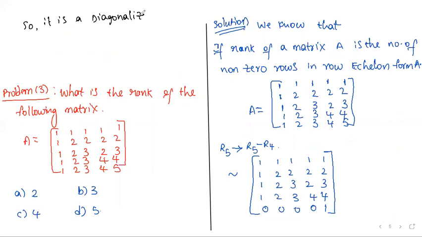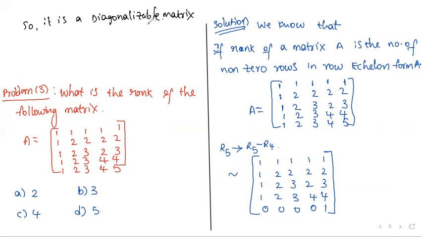Similarly, suppose it is not diagonalizable, we can take option 3 and check whether it is diagonalizable or not. Then after that we can go to the fourth option similarly.